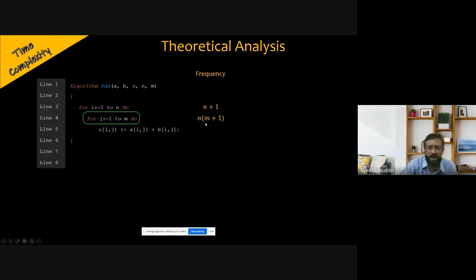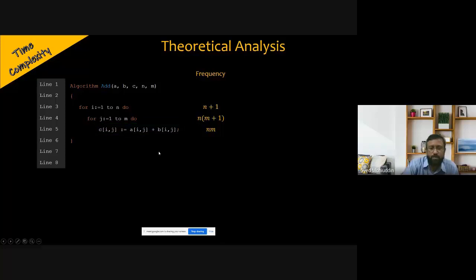So it executes for n into m plus n times. Then we have the statement in line 5, which is actually performing the addition. This whole statement is going to execute for n into m times. N times is for the upper for loop, m times is for the inner for loop. So n into m times.